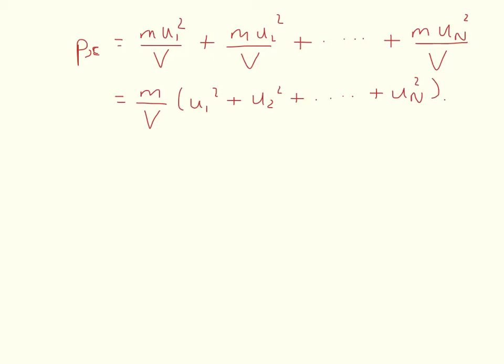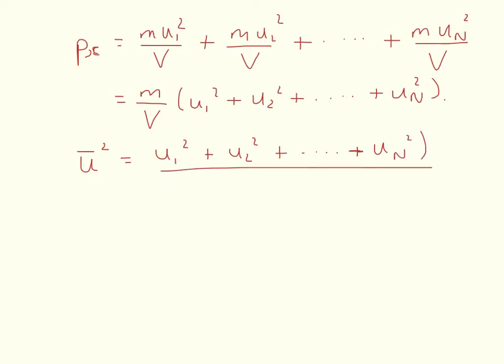This we can then take out and turn it into something similar to an RMS. So if we say that u with a little bar over the cross squared is going to be equal to u1 squared plus u2 squared plus all the way up to un squared divided by n.